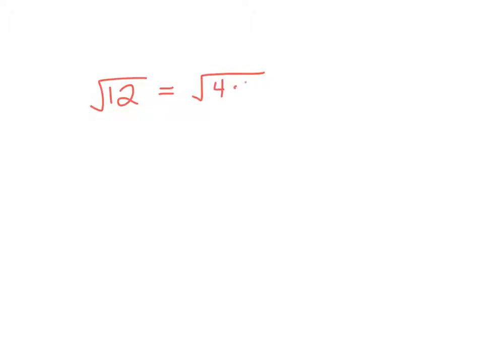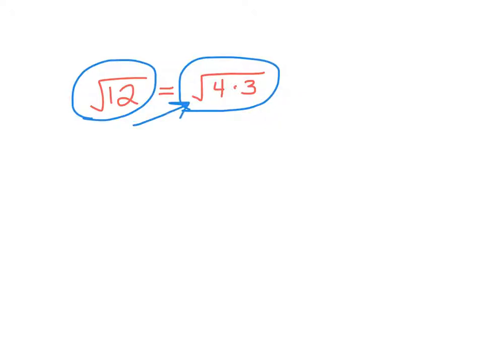12 is the same thing as 4 times 3. So, both of these expressions, the square root of 12 or the square root of 4 times 3, mean exactly the same thing. If I change the square root of 12 to the square root of 4 times 3, now I can take a look at that and say, well, I know what the square root of 4 is.